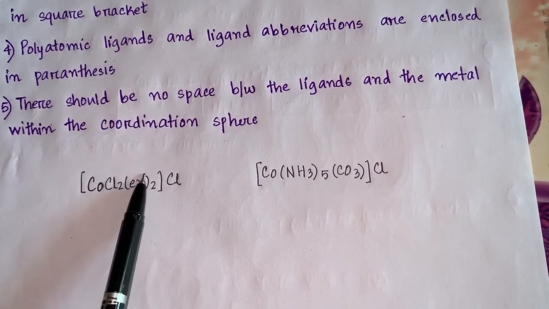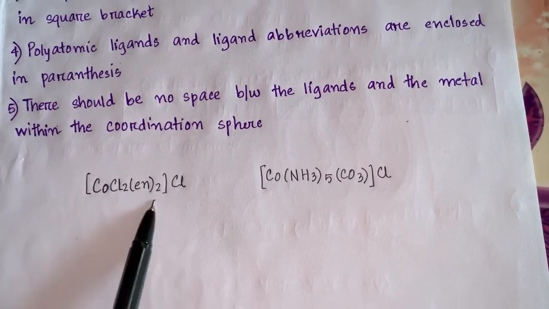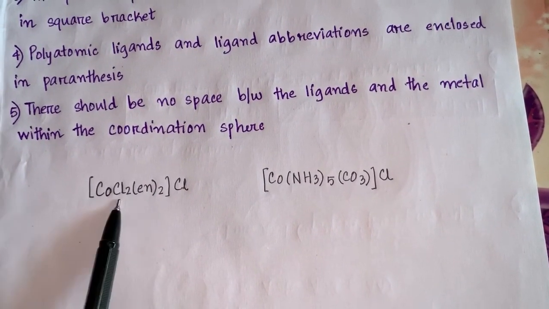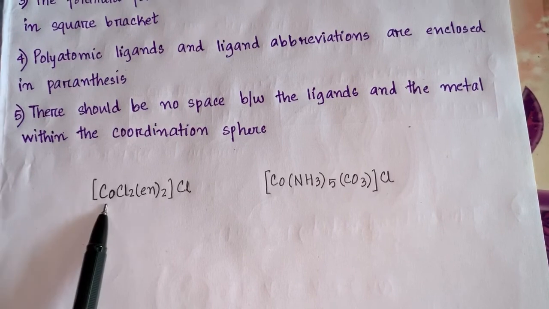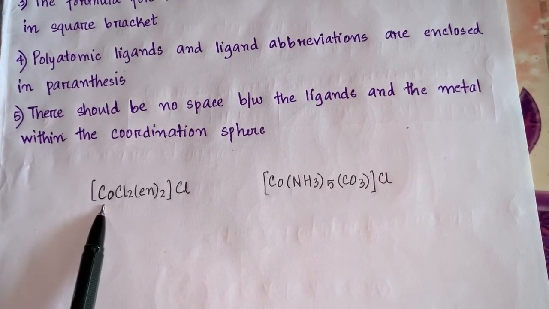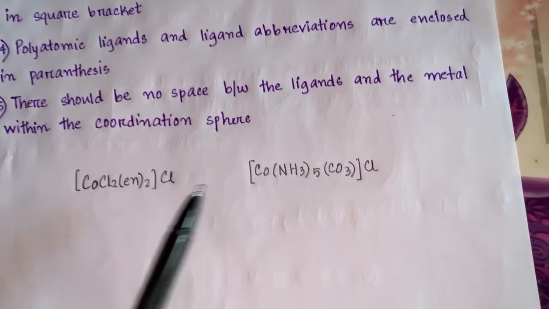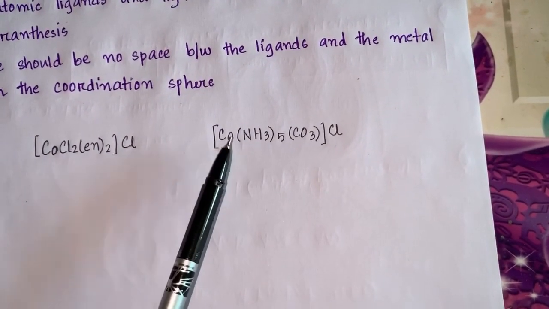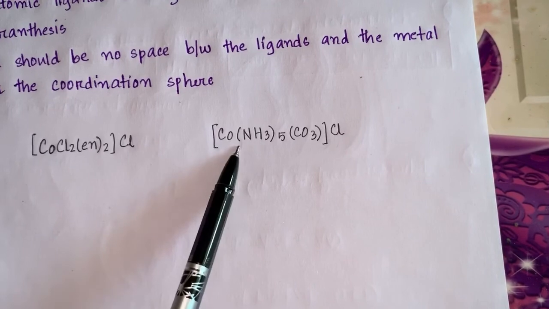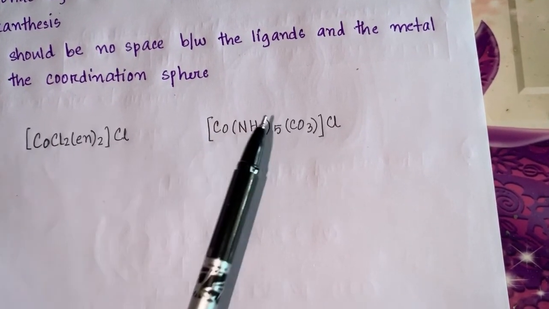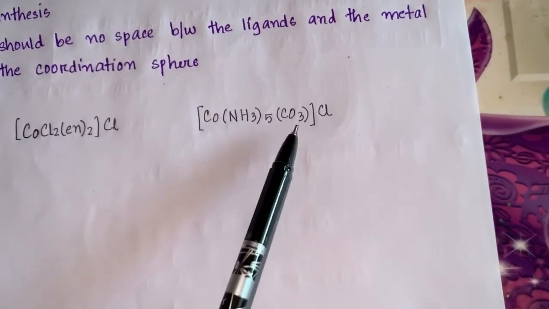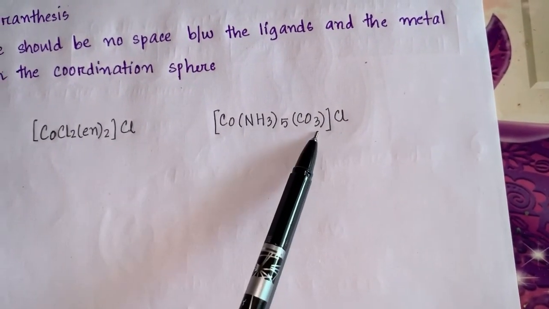So we have two similar bidentate ligands, two similar monodentate ligands, and one central metal atom, cobalt. In the second one we have similar cobalt as the central metal atom, and here we are having five ammonia ligands and one carbonate ligand.